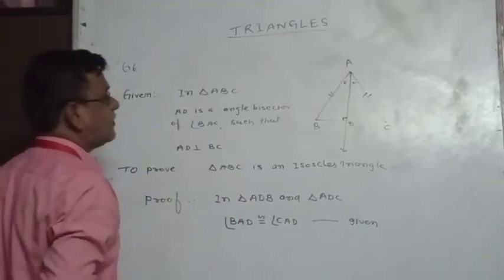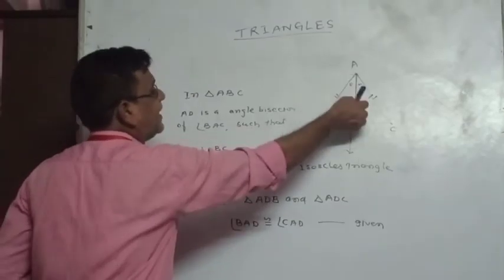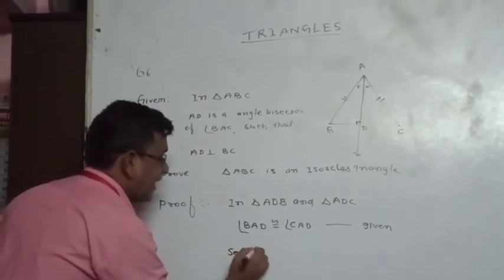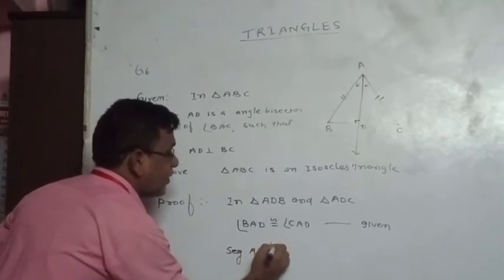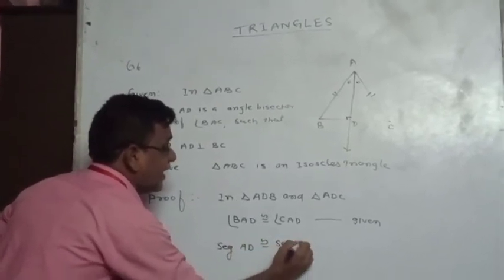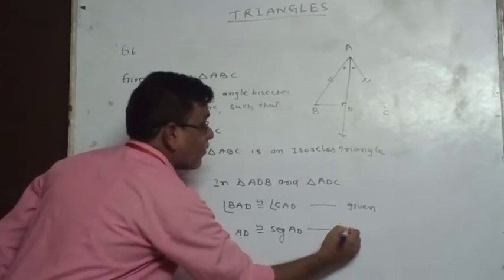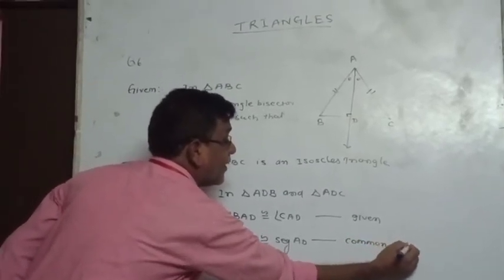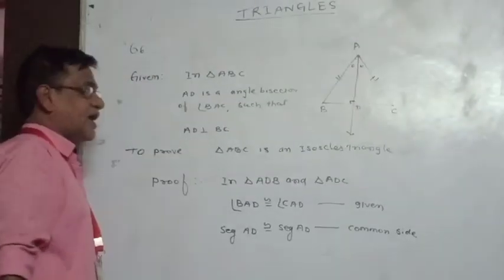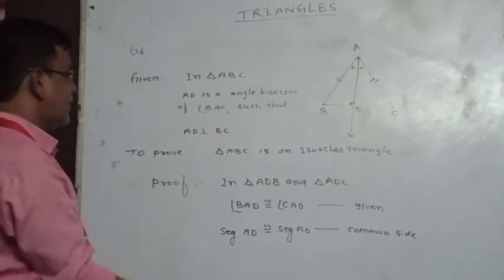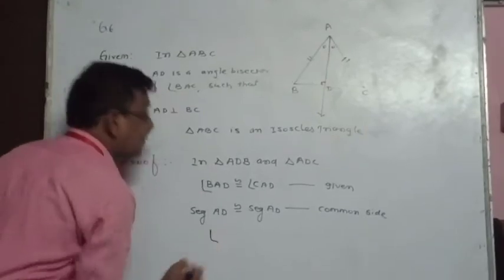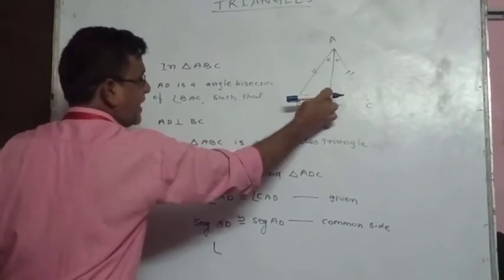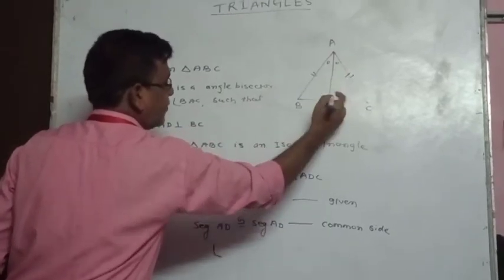Therefore, now second, see here, this side AD is common to both triangles. So you can say that segment AD is congruent to segment AD. Reason is common side. This is a common side to both the triangles. Now third, see here, this angle ADB is 90 and ADC also 90.